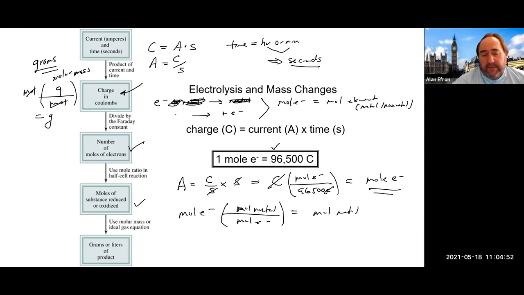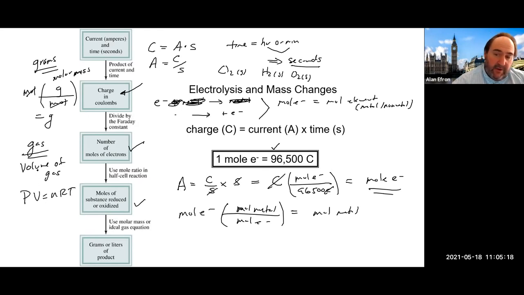But what about something like we saw in those two examples? One of them was chlorine gas, right? The other one, which was the water, which was hydrogen gas and oxygen gas. So what sometimes happens is when we have a gas that we're dealing with, sometimes we're interested in the volume of that gas, which means a lot of times in these problems, you may need to go into PV equals nRT, the ideal gas law, and solve for volume.